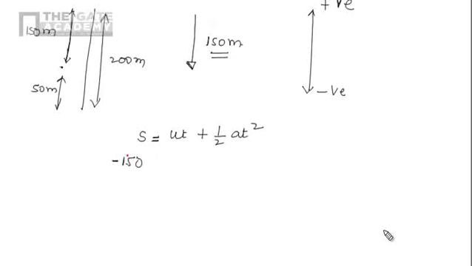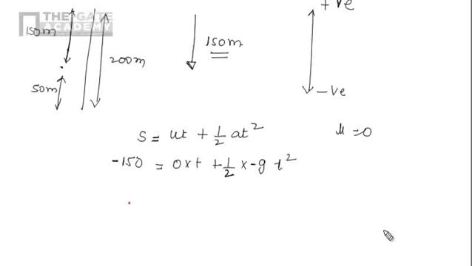Let's say s is displacement, and it will be good in place of distance. So displacement is 150, and the negative sign shows it is in downward direction. When we are dropping something from a certain height, the initial velocity will be 0. So u is 0 plus 1 by 2, for motion under gravity, the acceleration will be nothing but acceleration due to gravity g, acting in downward direction, so negative, t square.